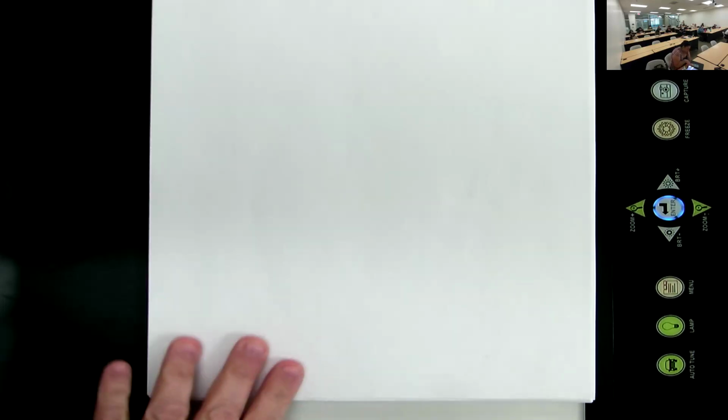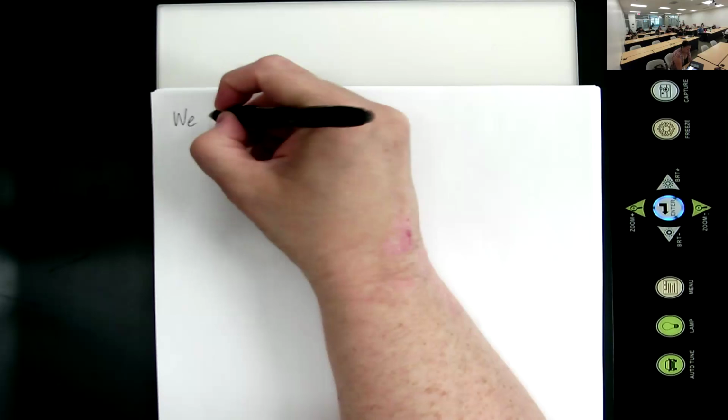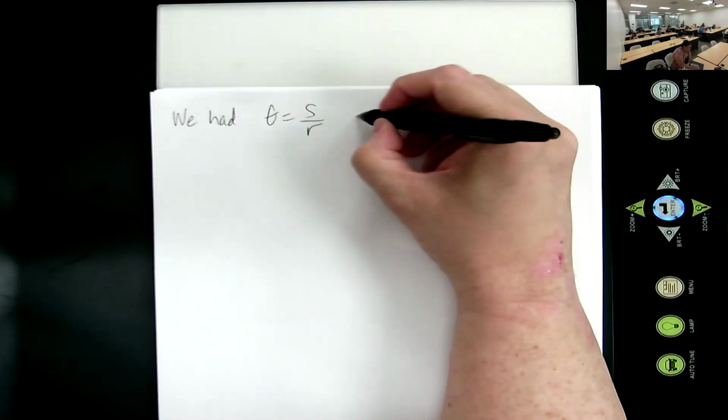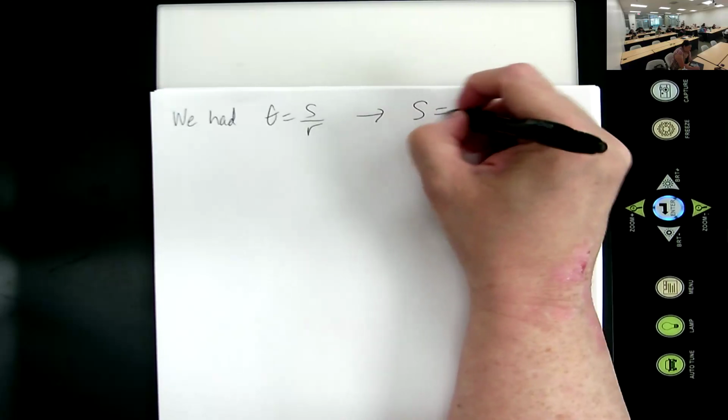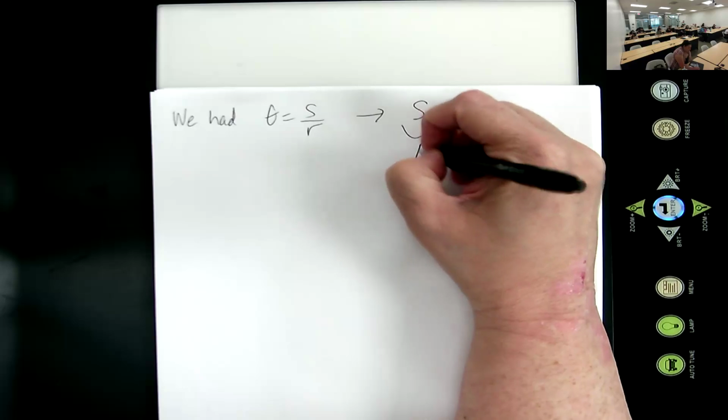So we said theta equaled S over R. And if we clear fractions, we get S equals R theta. This is the arc length formula.